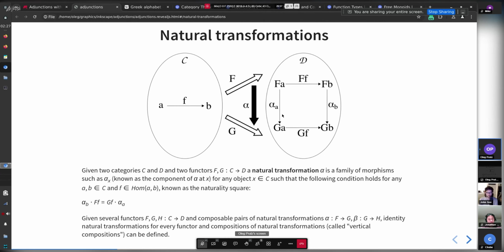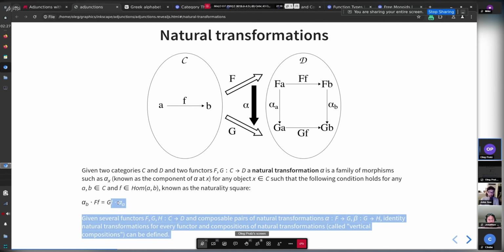You have a morphism like this for any object in C. Now, the condition on these morphisms for them to be called a natural transformation is that this square needs to commute. So this is the condition.